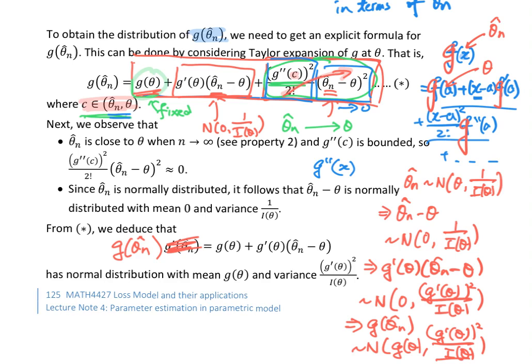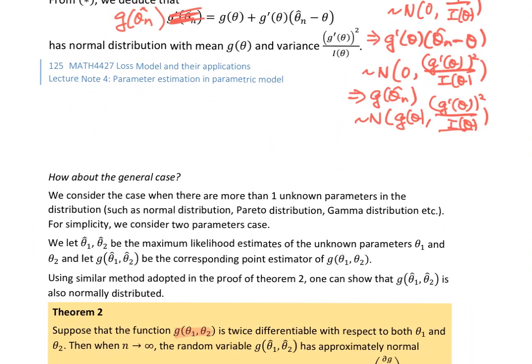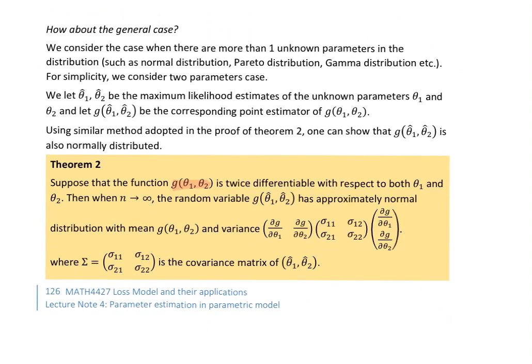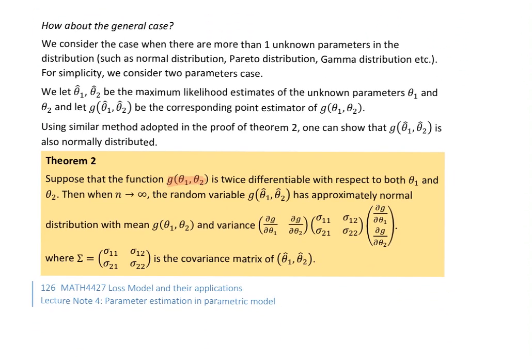Now this is the single parameter case. Here let us apply the same trick and work on the two parameter case. We consider a function of the two parameters which is twice differentiable.